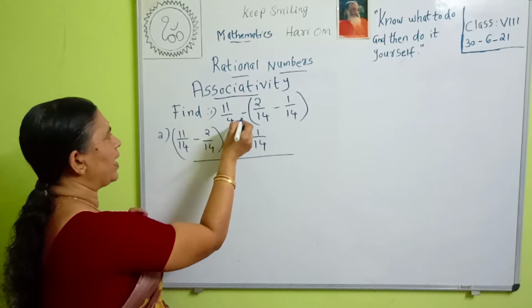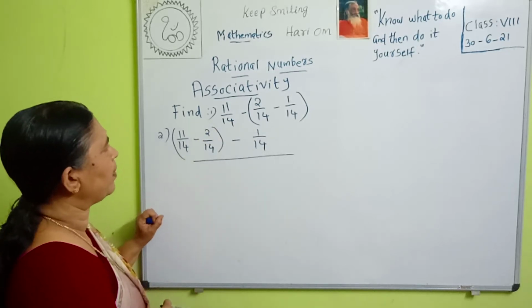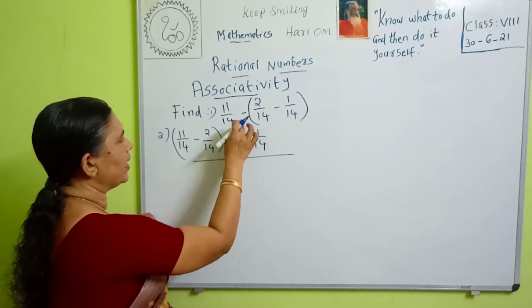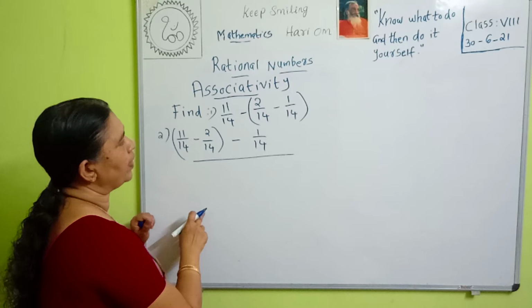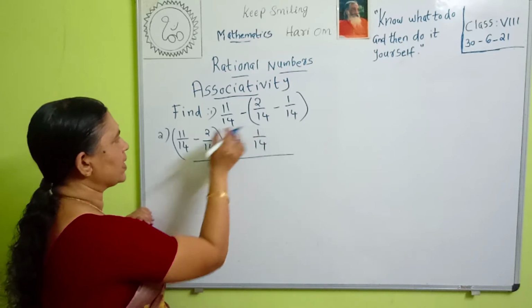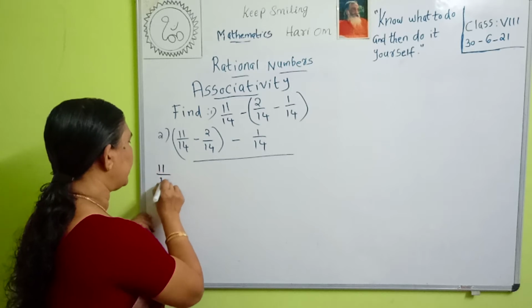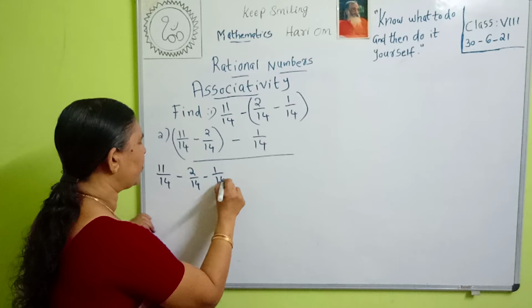Next, find (11/14 - 2/14) - 1/14. Here, Devanarana, what do you do first? The first question: 11/14 minus (2/14 minus 1/14).